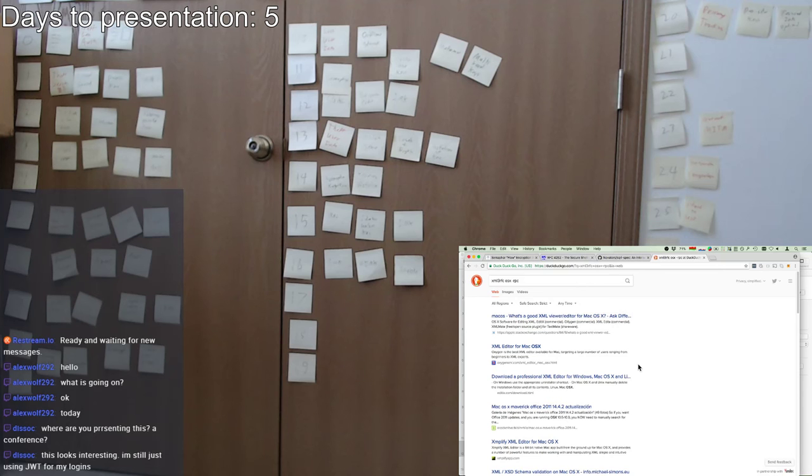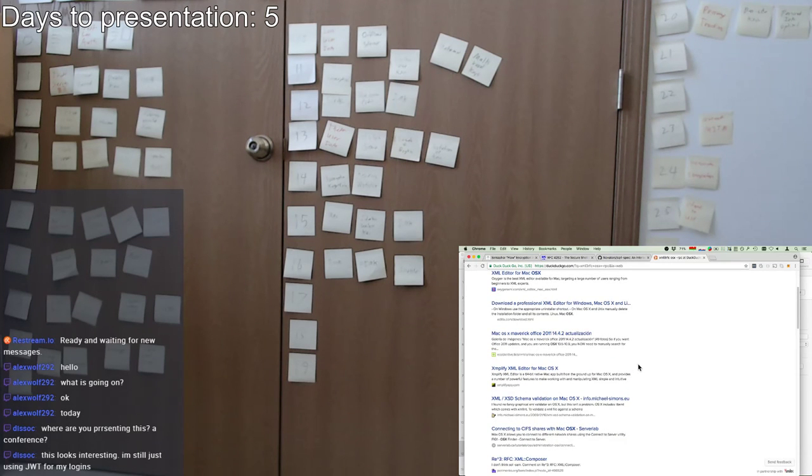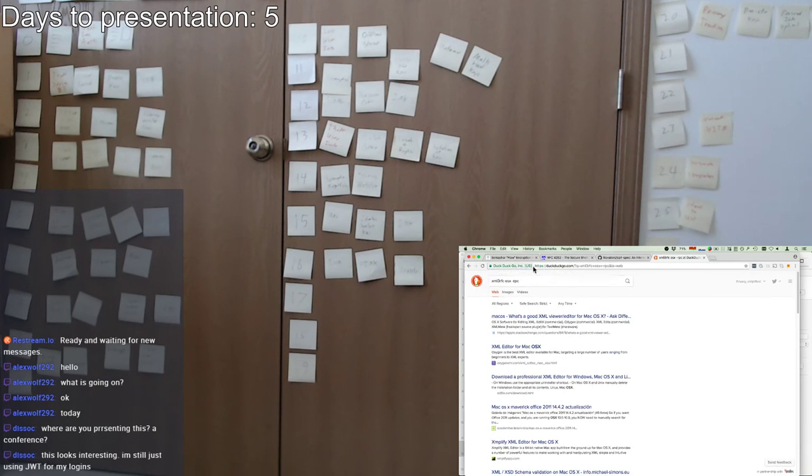XML editor. Alright, it's OSX that is apparently confusing it.